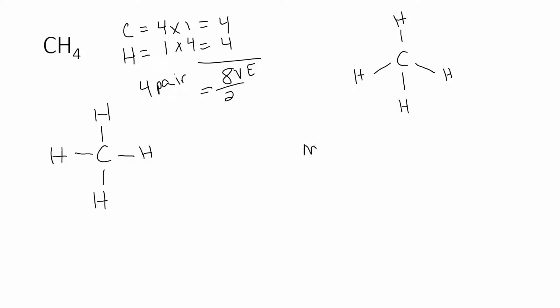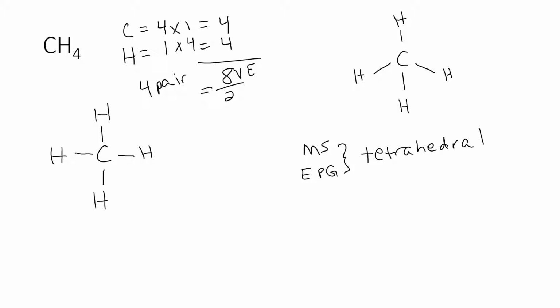For molecular shape and electron pair geometry, it is the same. These are tetrahedral. They're the same because there are no lone pairs of electrons on the central atom to take into consideration for electron pair geometry. So both shapes are tetrahedral.